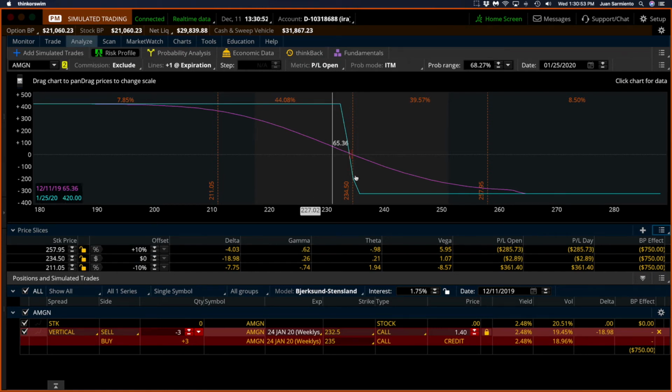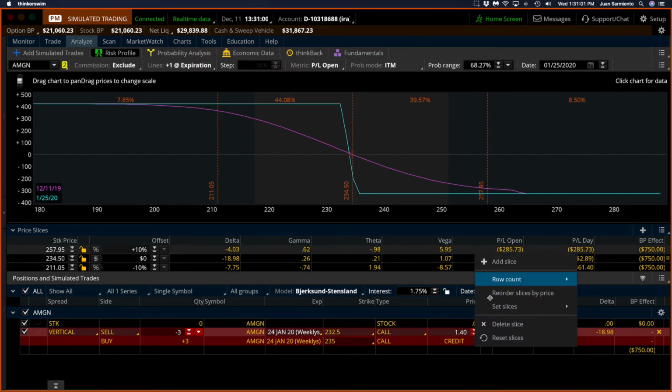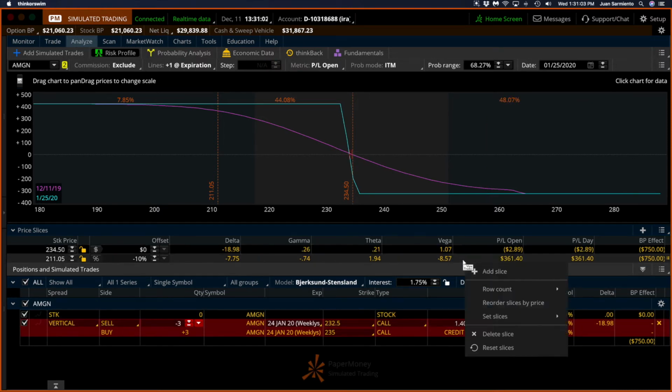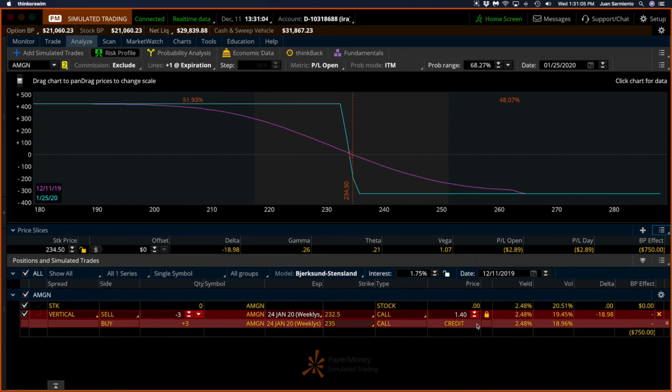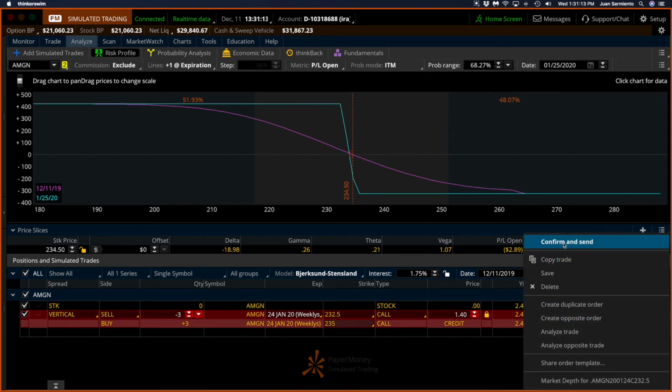That means that where we are is where the stock is. You can delete the others, and this gives you a picture of the probability of success on that one. Okay, let's do that. Confirm and send.